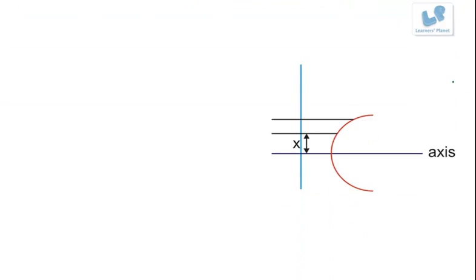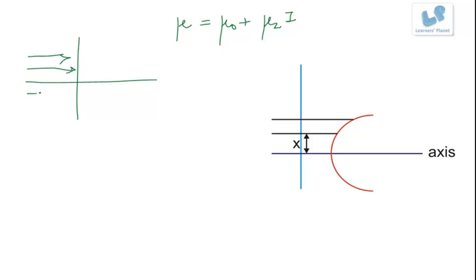Now when it encounters a medium, you have a medium, and the medium has a refractive index which is a function of intensity. So mu is given by mu naught plus mu 2 I. Now when the rays reach this interface, this is a side view, they travel through mediums having different refractive index.